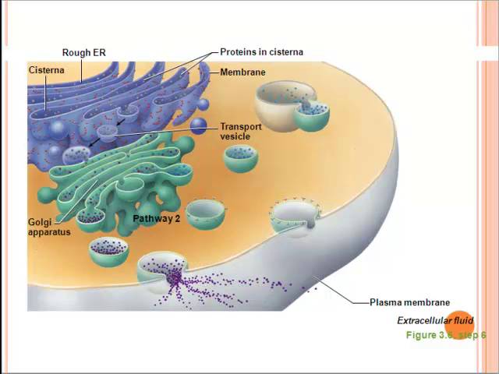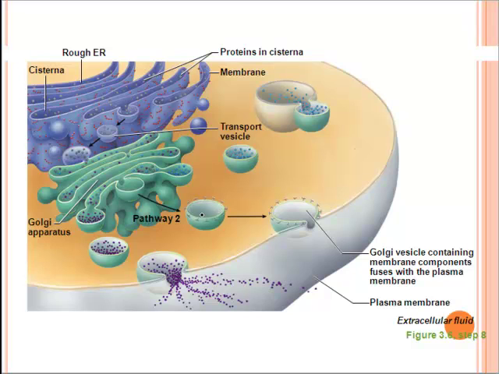Next possibility, the same main pathway that we just saw. We have proteins coming from the rough ER into the Golgi apparatus, but this time, instead of secreting the contents outside the cell, the contents of this vesicle are located on the outside of the vesicle. So you see that the vesicle looks empty, but you have all these little things sticking off the ends.